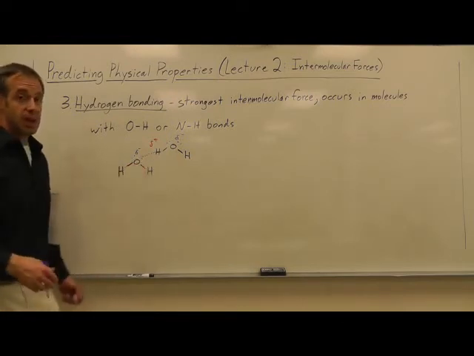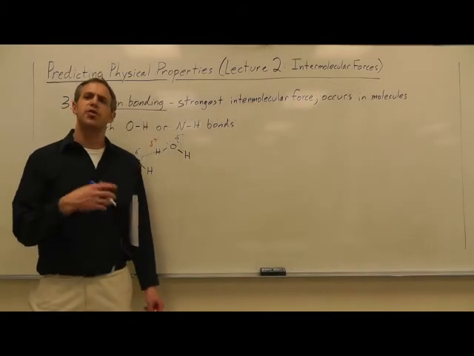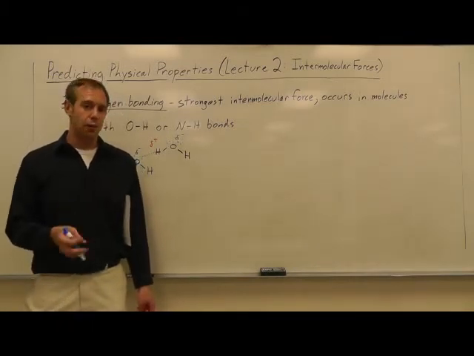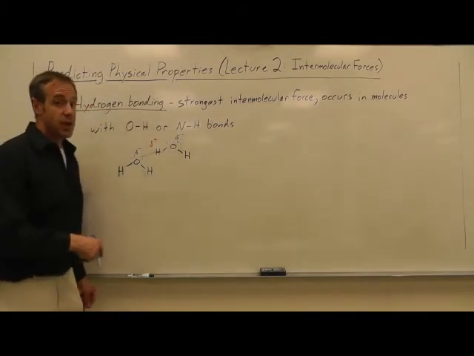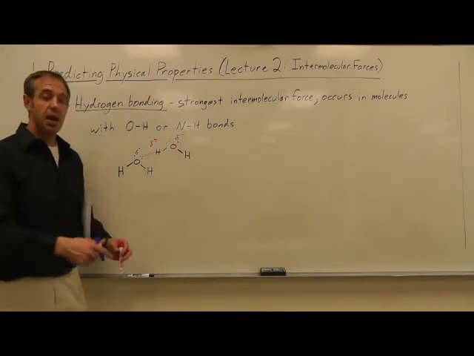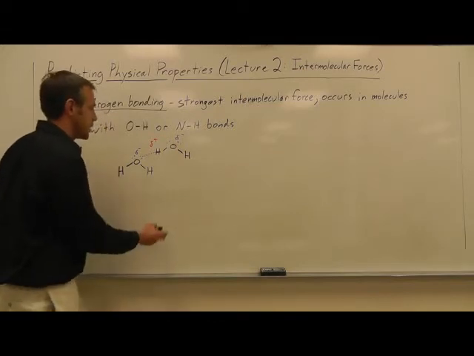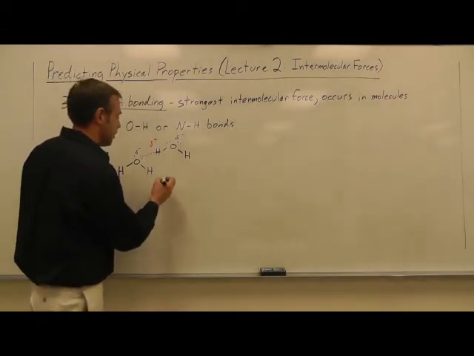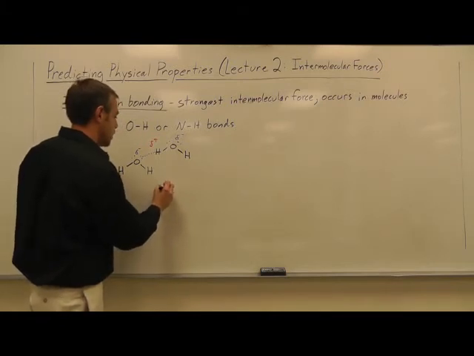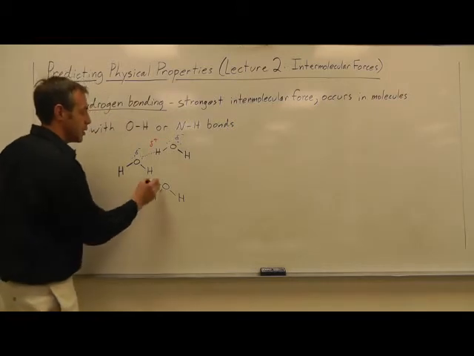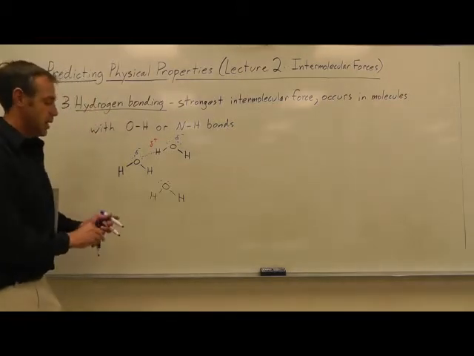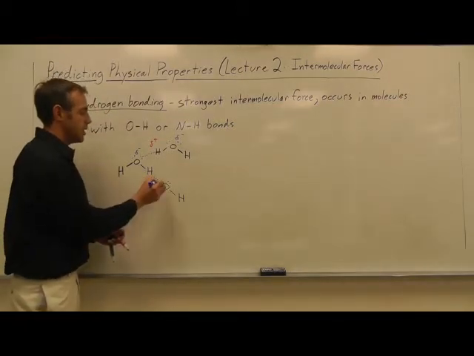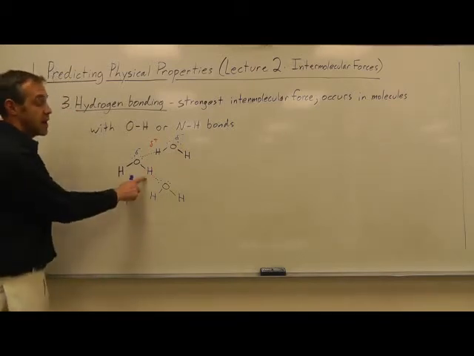And so in a glass of water, there's trillions upon trillions of water molecules, and most of them are hydrogen bonded to many other water molecules. So for example, down here, we could have an oxygen of a different water molecule, and it could be hydrogen bonding to that hydrogen.